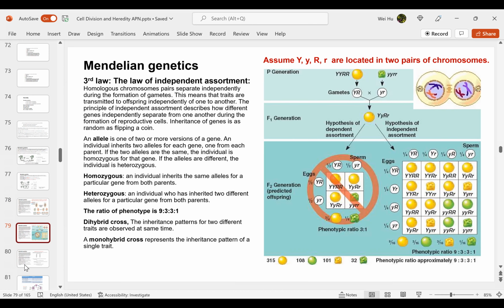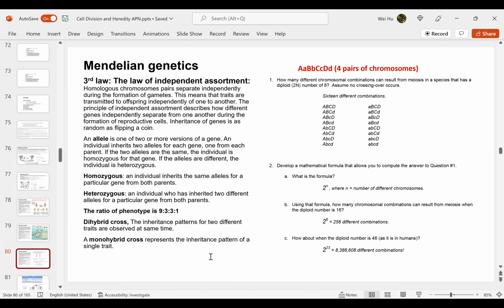Okay. So I think the problem is the third one, because number one really depends on how many pairs of chromosomes. So we want to give you 2 pairs. So how about 4 pairs? So you have 8 chromosomes, you have 4 pairs.